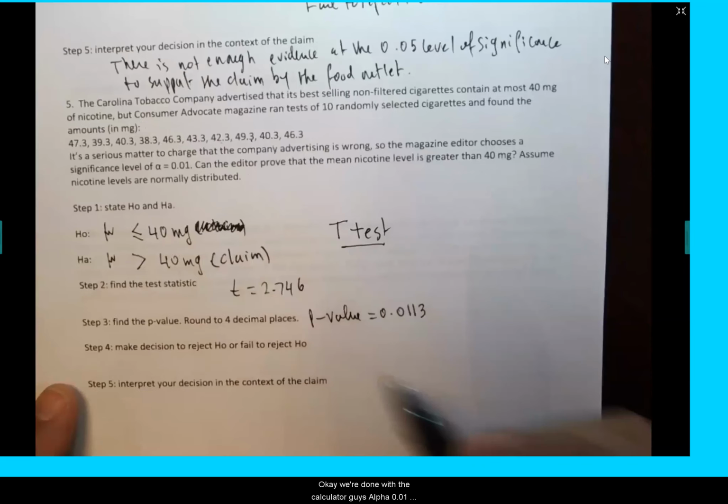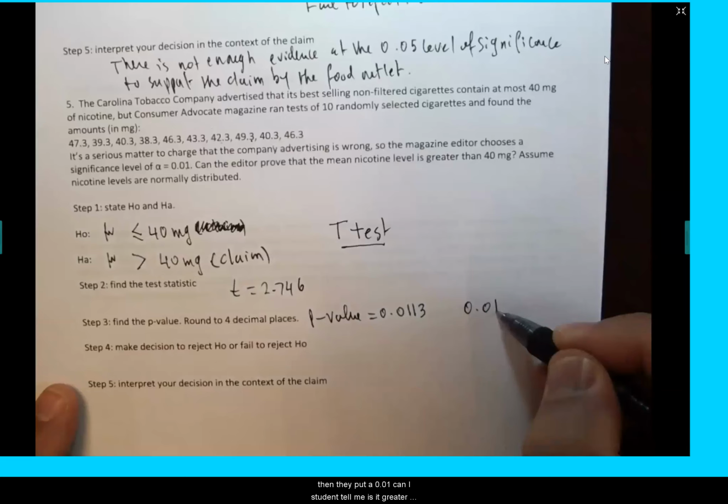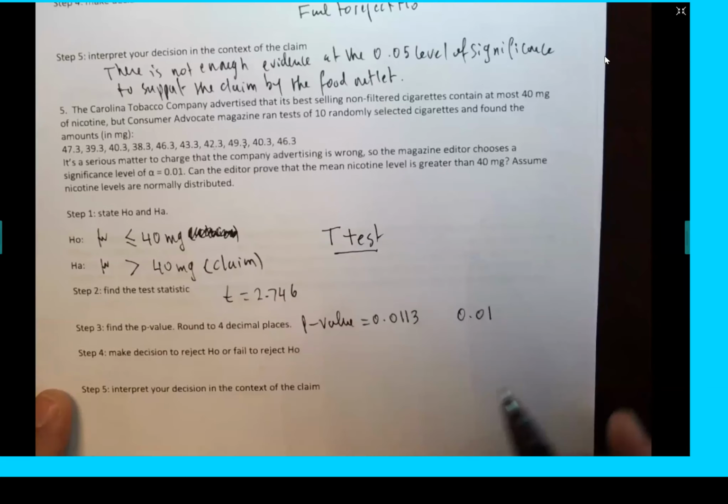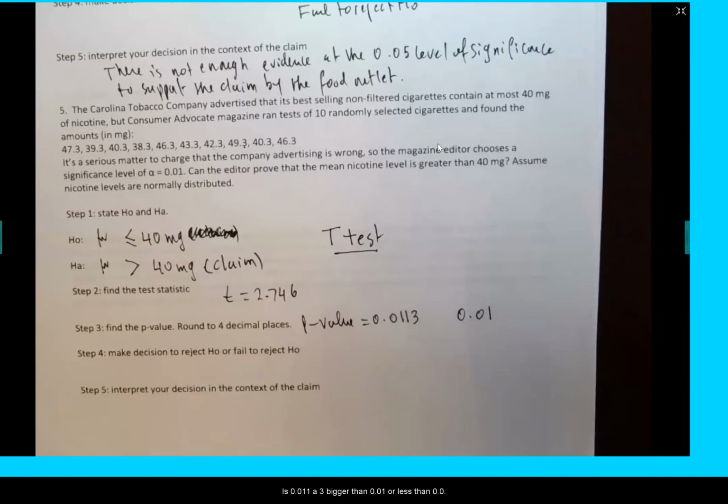Alpha is 0.01. Let me put alpha 0.01. Can a student tell me, is it greater than or less than? So what do we have here? Just one student answer. Is 0.0113 bigger than 0.01 or less than 0.01?